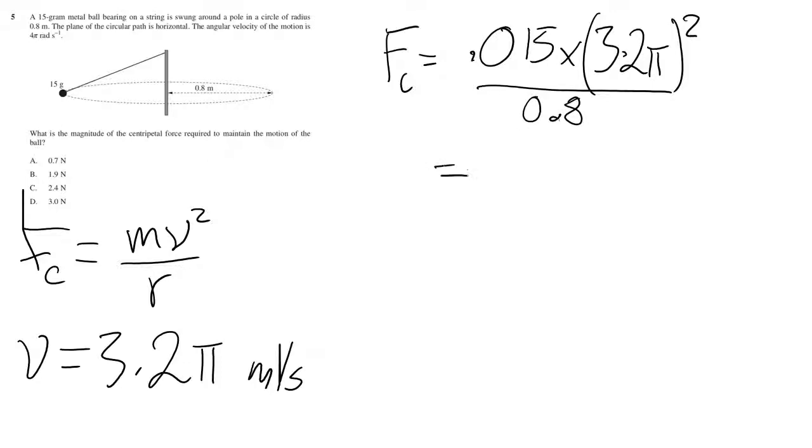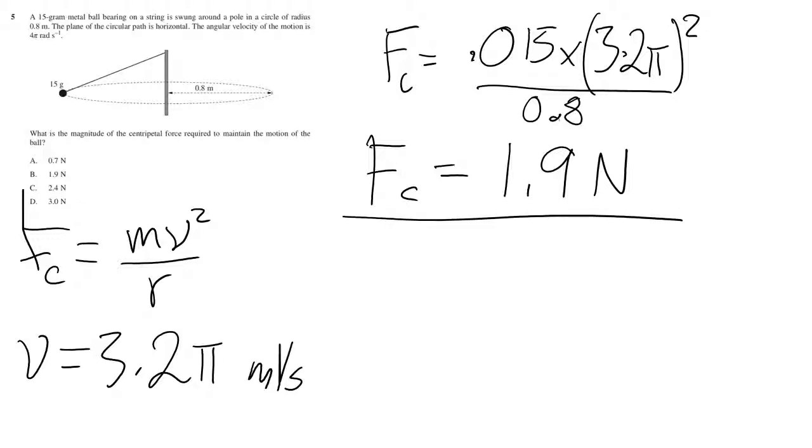Once we put that in and hit equals, we should get an answer that's roughly 1.9 newtons. It may actually come up as 1.89 or something like that. I worked it out earlier, but it should give us an answer for centripetal force that is roughly equal to that, which of course gives us B in the multiple choice. Hopefully that's been helpful.